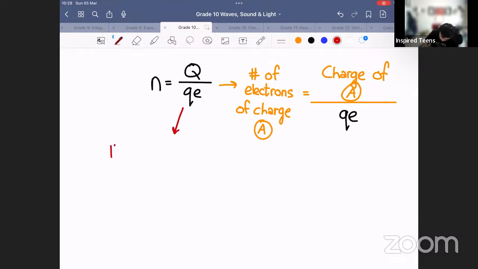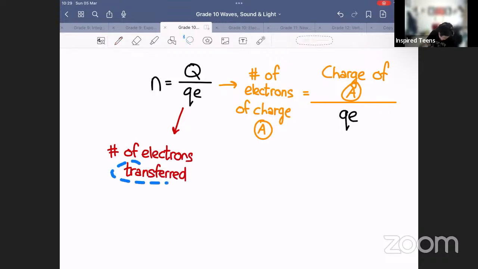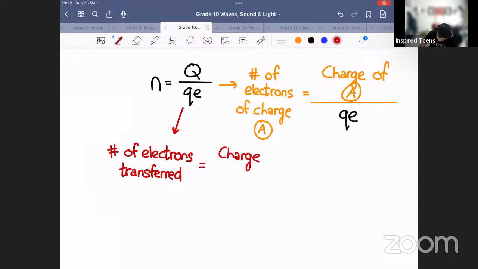So therefore, if I want to know the number of electrons transferred, what kind of charge do I need to know? I need to know the charge transferred. They need to match.